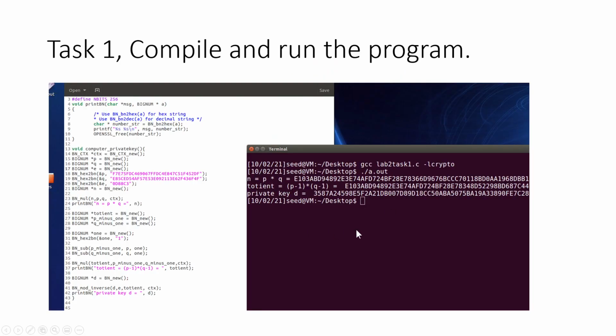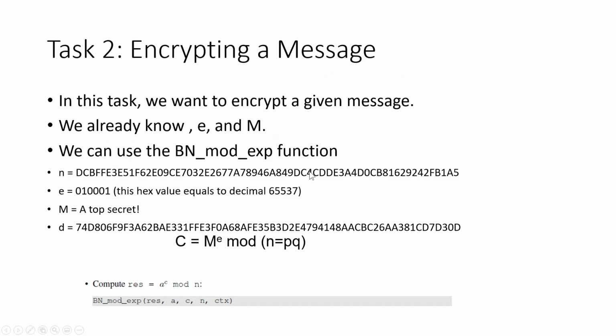Compile and run. So for task 2, we want to encrypt a message. We already have N, E, and D here. And now we have a message M equals top secret.